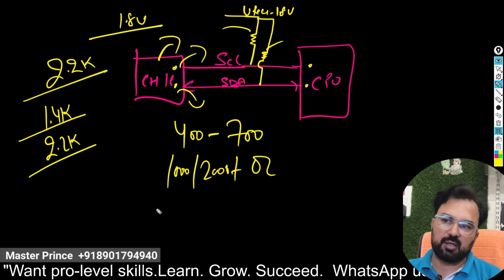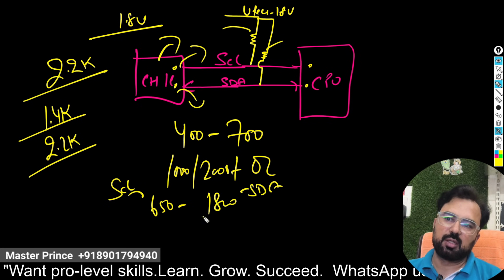Let's say one line you get 650, the other line you get 1800. Let's say SCL is okay and the SDA gives you this value. That means the SDA has a problem.